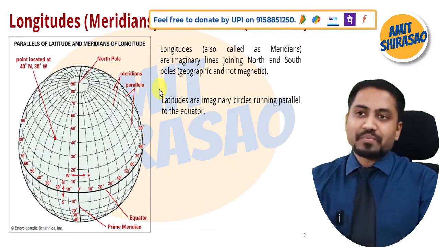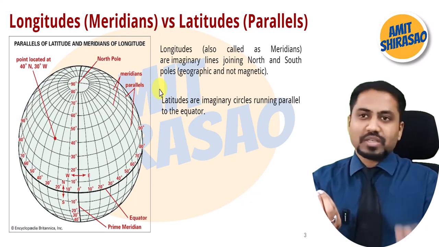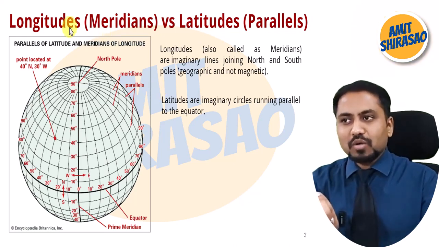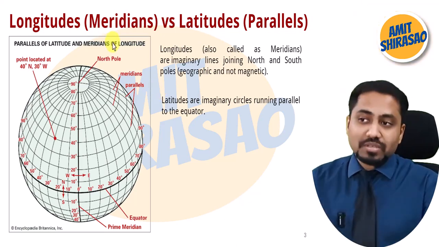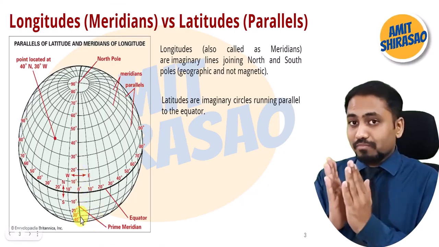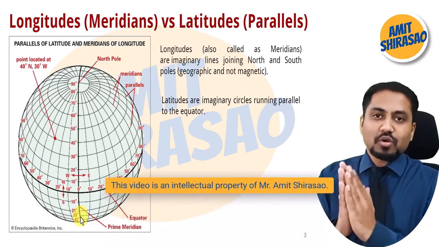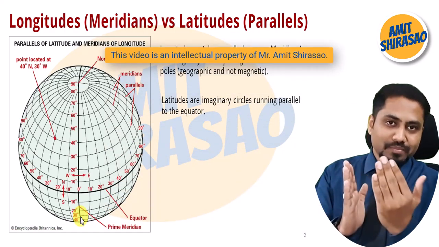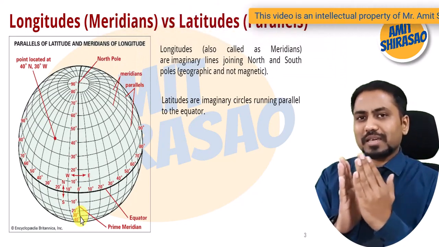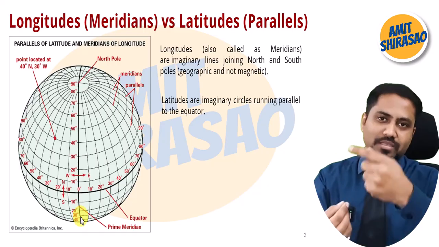Latitudes, because they are running horizontal. Of course, latitudes are also called parallels because they are parallel to the equator, and longitudes are also called meridians because the prime meridian is the main meridian, and all the other meridians are drawn parallel to it. I mean, it's not parallel, but you can say, given a certain angle, these are all arcs, right?